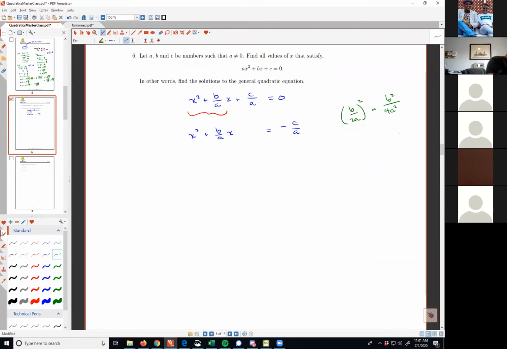So now to both sides we add b squared over 4a squared. And I'm going to go ahead and give you a pep talk here. Look, this looks horrific if you haven't done a lot of algebra yet. Trust that it's going to work out.